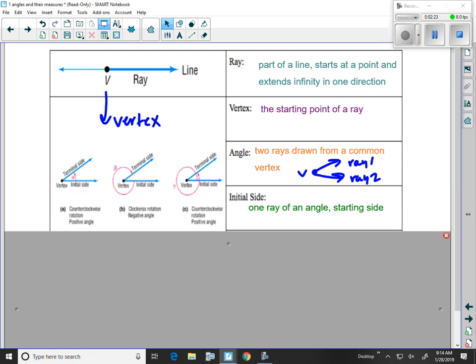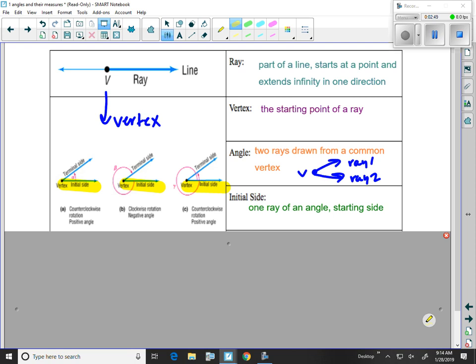When we are drawing an angle, one of those rays is going to be an initial side. That is your starting side. If you look at our examples, our initial side is always this bottom side. When we're drawing angles, the initial side is going to be on the x-axis.